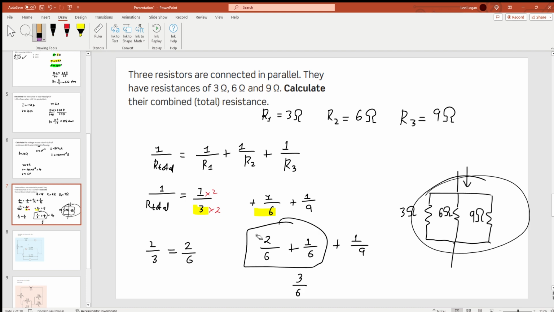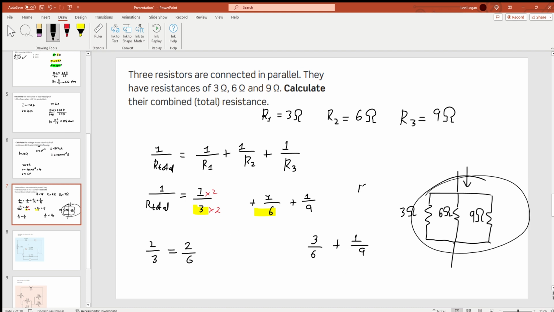Now we can get rid of that because we know what it is: 3 over 6. Now you've got to add these two together. There's no way to make this into 9 without multiplying by a funny number. When you can't turn the 6 into a 9 or the 9 into a 6, you've got to find a common multiple.